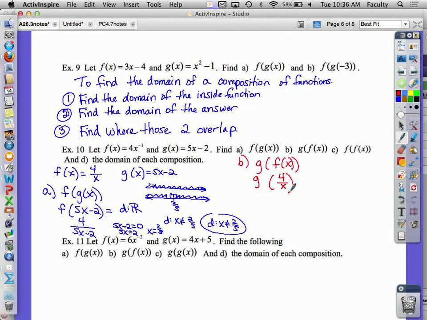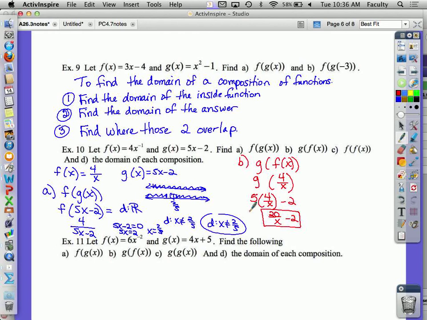I remember when I was in high school, I was very frustrated with composition of functions. I kept getting confused with where do I go, and I would get mixed up. So I'm trying to be as clear as I can so you don't experience that. So g of x says 5 times your input minus 2. So that's 20 over x minus 2.